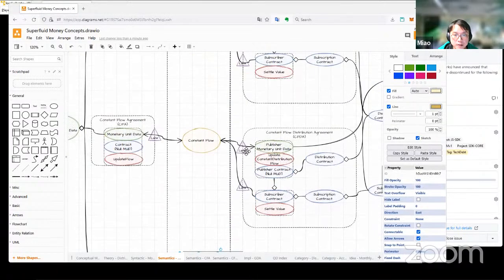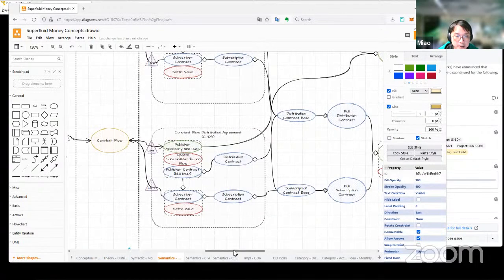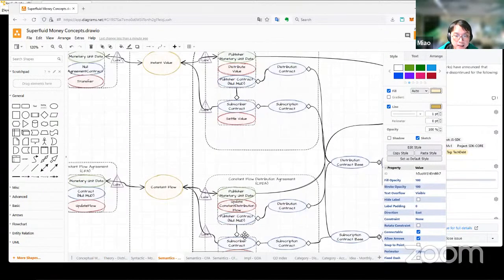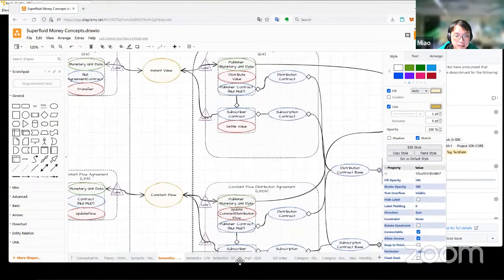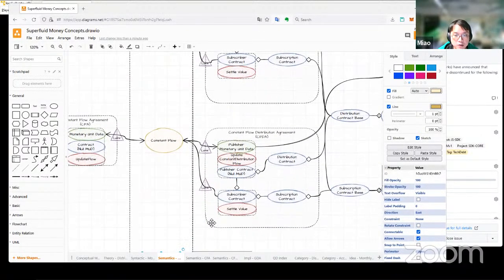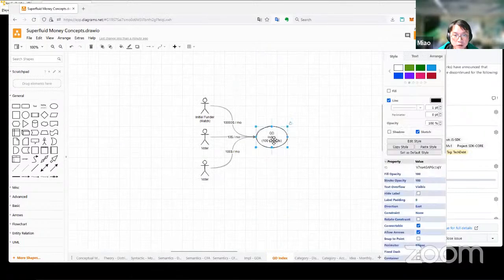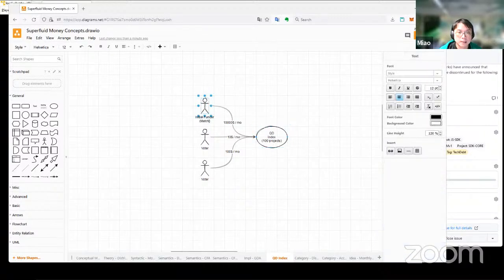Same thing with the decaying flow, you can use the same pattern, cast everything into publisher and subscriber. The same goes with QD index, a fairly similar construction, but now with three actors: the projects, the funder, the matcher, and the voter. Yeah, it's just quite natural.